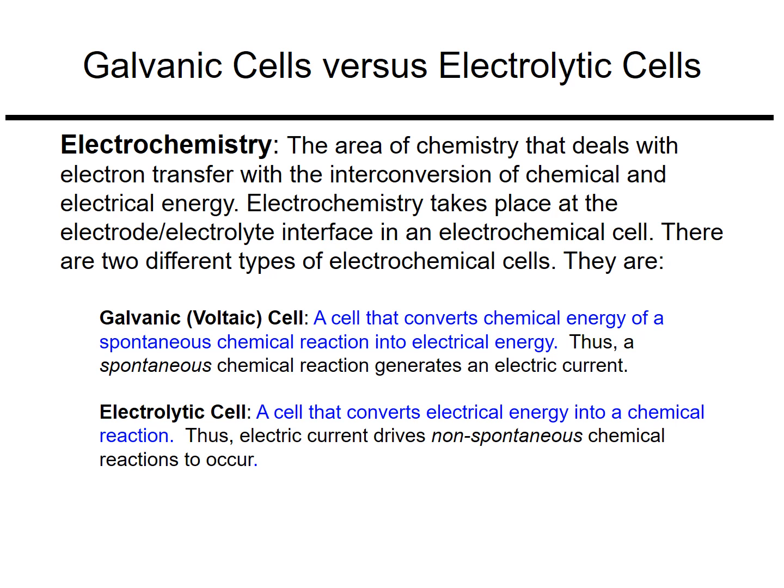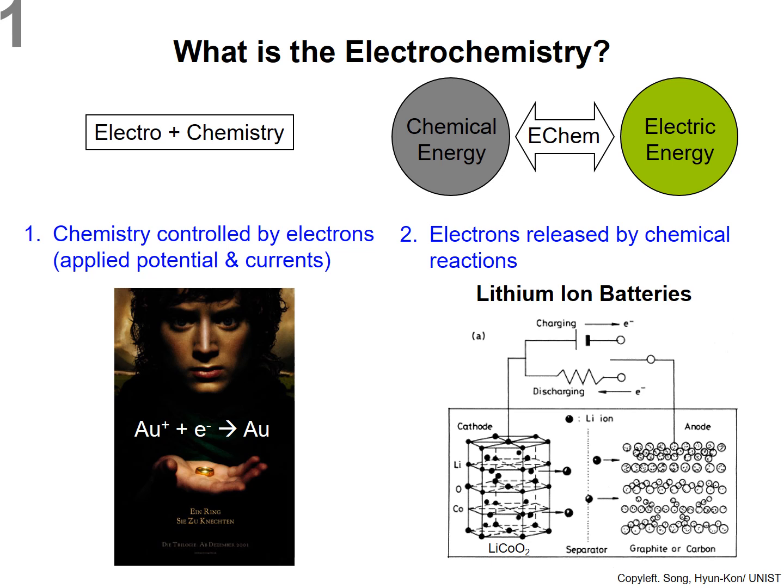Let me get back to the slide for the introduction of electrochemistry in my previous class, chapter 1a. I have taken this slide from chapter 1a. In this slide, I talked about the interconversion between chemical energy and electric energy.